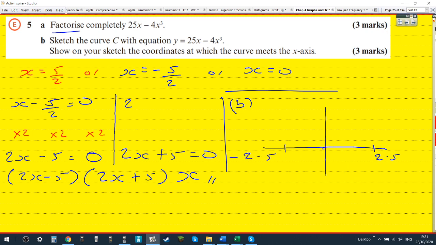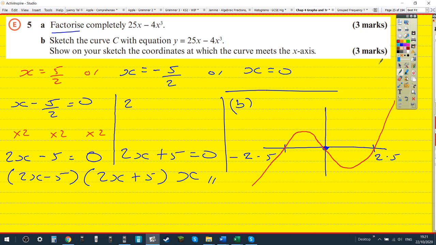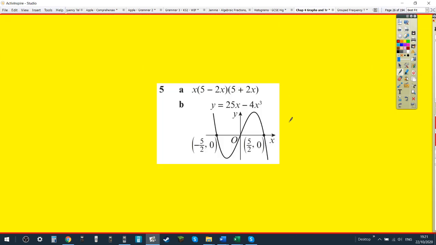And then would the y be 0 as well? Yep. So would it just go up to minus 2.5 and back down through the origin and then back straight up through 2.5? Well done. Great. There we go.